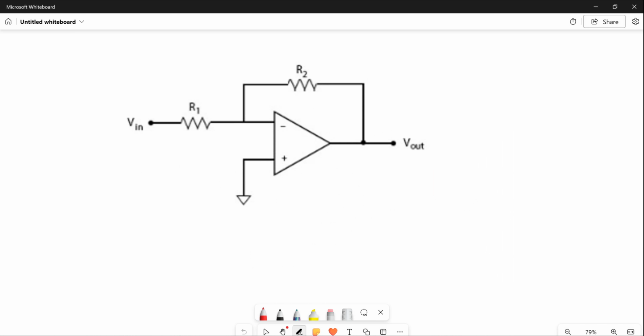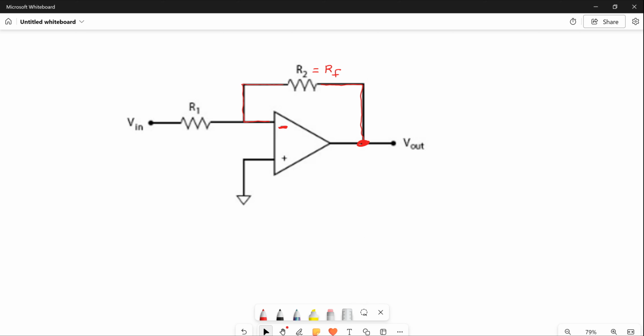This R2 resistor, we're going to refer to it as a feedback resistor because it takes an output and feeds back a portion of that output, in most cases, back to the negative input terminal, to the inverting input terminal. That's referred to as negative feedback. And most of your circuits are going to be negative feedback. You're not going to have positive feedback in most of your initial classes.